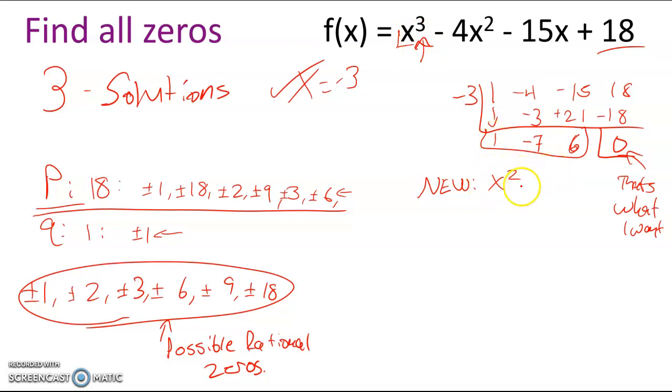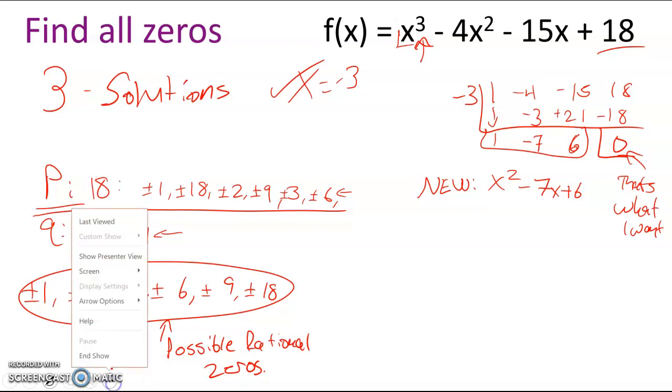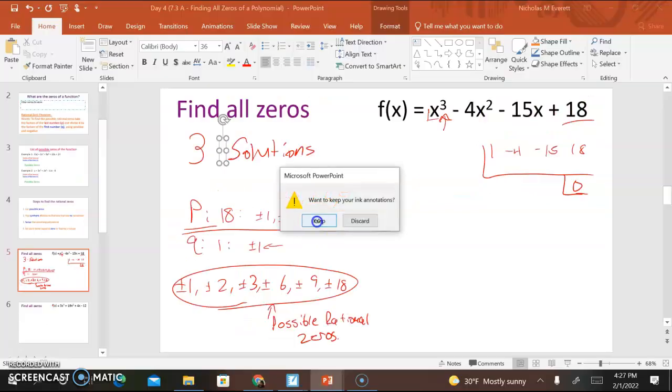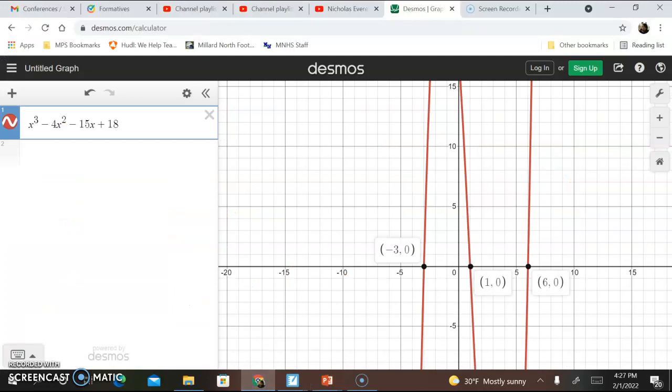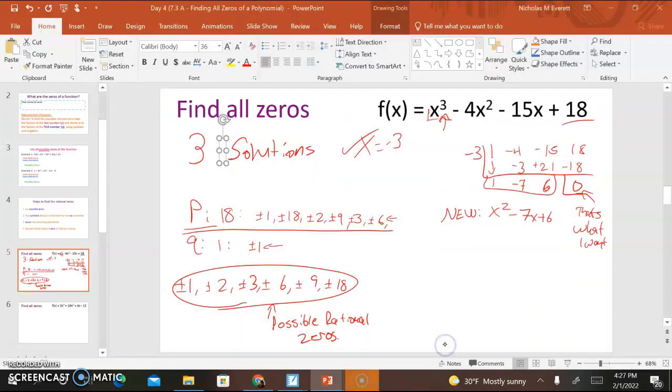That's x squared minus 7x plus 6. That's my new equation. Because I had a bunch of other x-intercepts, like this 1 right here, I'm going to synthetically divide that new equation by that other zero.